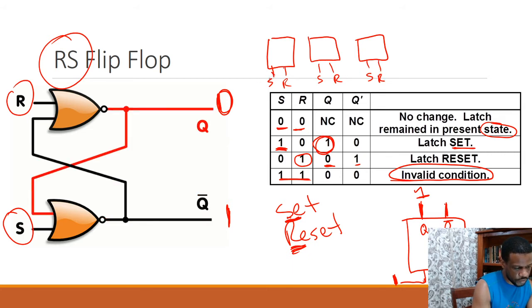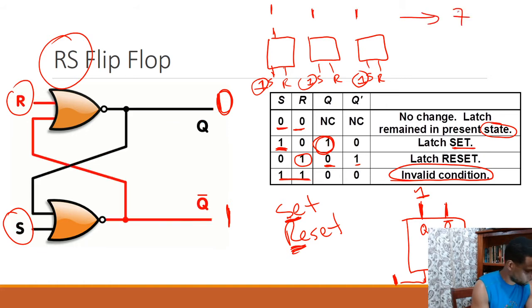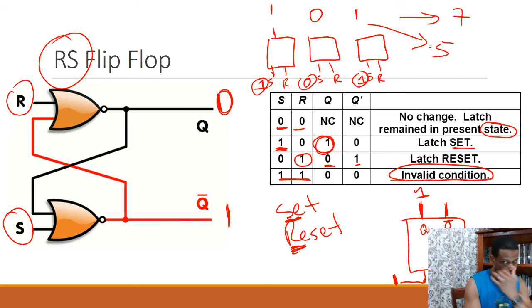If I set all of them to 1, and I set that to 1, and I set that to 1, I will have the numbers 1, 1, 1, which is basically 7, right? If I set this one to 1, and then I set this one to 0, I'll have 1, 0, 1, which is basically 5.